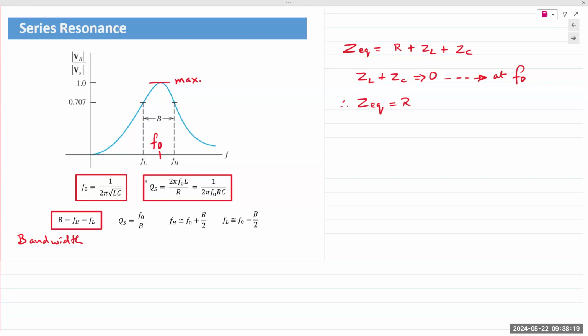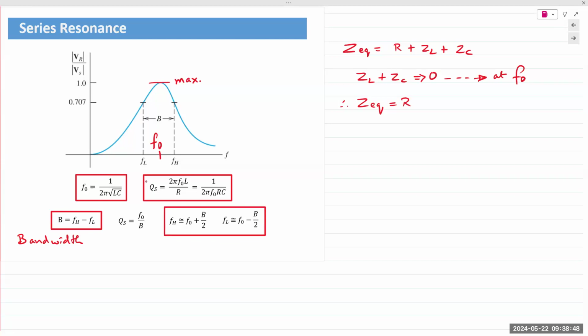If the quality of a resonant circuit is higher, let's say typically higher than 5 or 6, then we can assume that the curve or the graph is approximately symmetrical around that resonant frequency. And then F0 is about halfway between FH and FL.